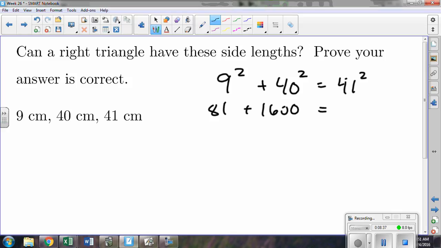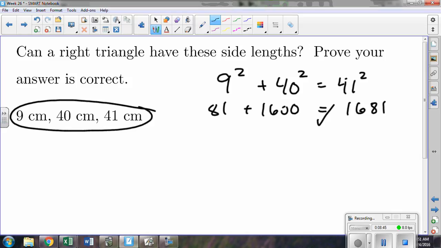And 41 times 41 is 1681. Yes, it works out. And it's a bit interesting because then we get a third Pythagorean triple. 9, 40, and 41, all as whole numbers. Kind of weird numbers, but they will check out.